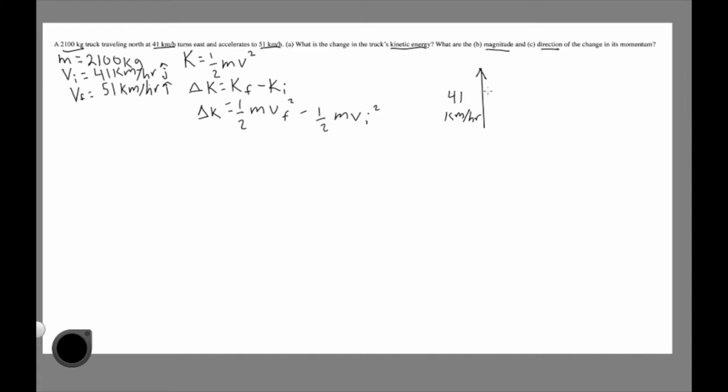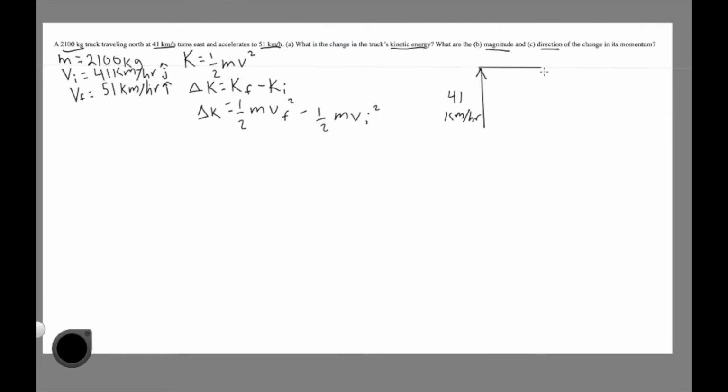And then it turns east and goes 51 kilometers per hour.